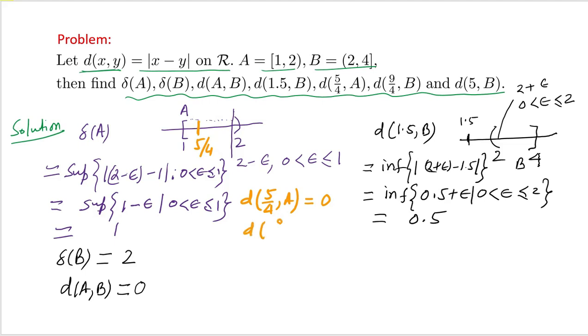Likewise, D of 9 by 4, B is also equal to 0. Again, if you find D of 5, B, then you can very easily see that this is equal to 1. So these examples must have cleared some idea in your mind.